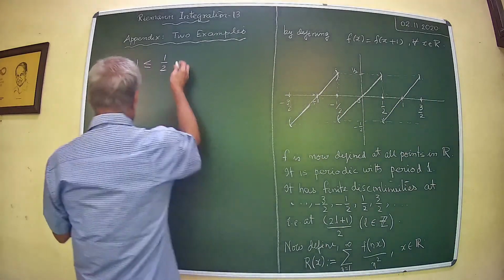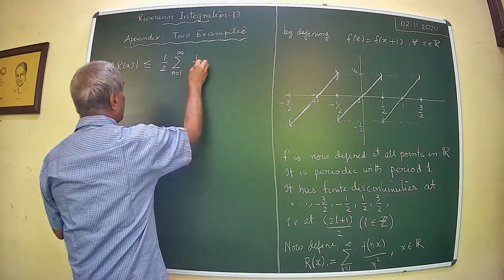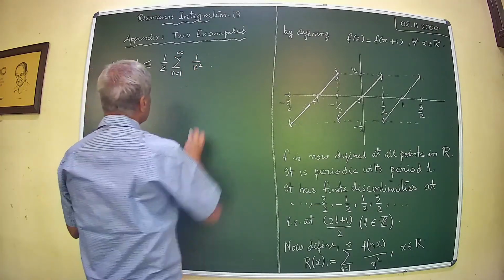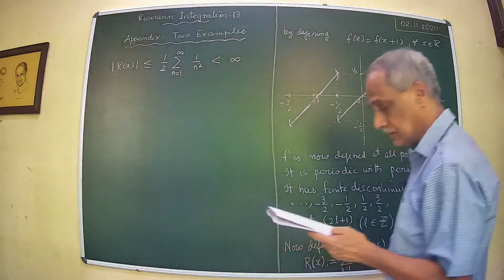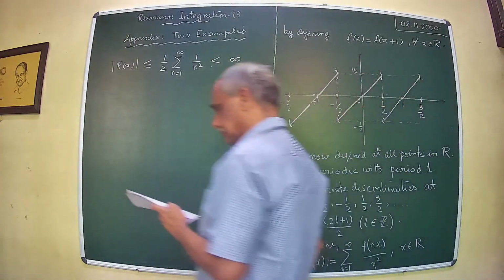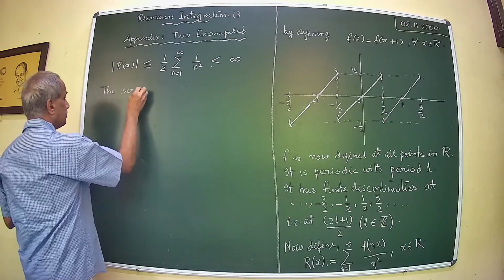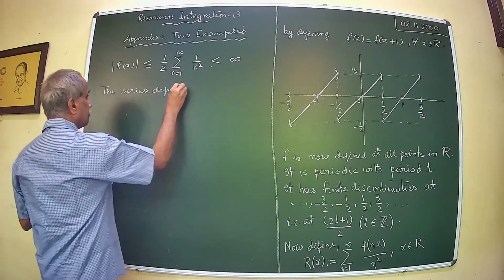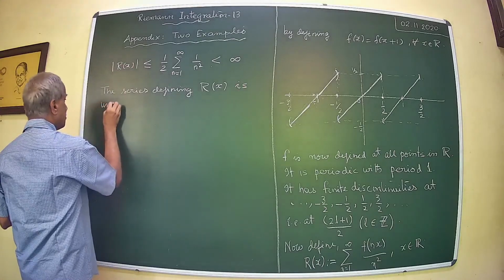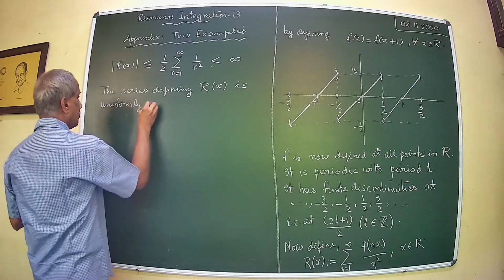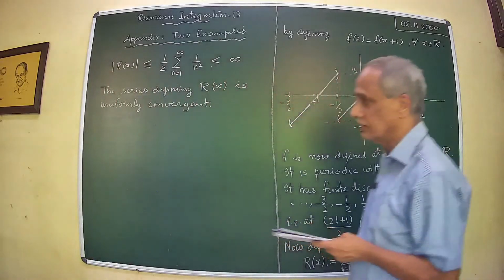So this is finite. Therefore, the series is uniformly convergent. That's the first observation that we make.